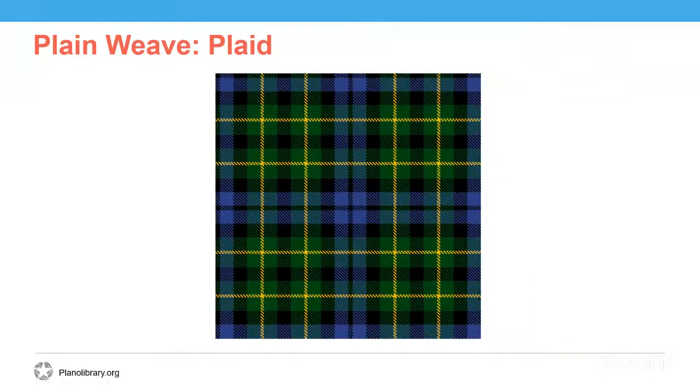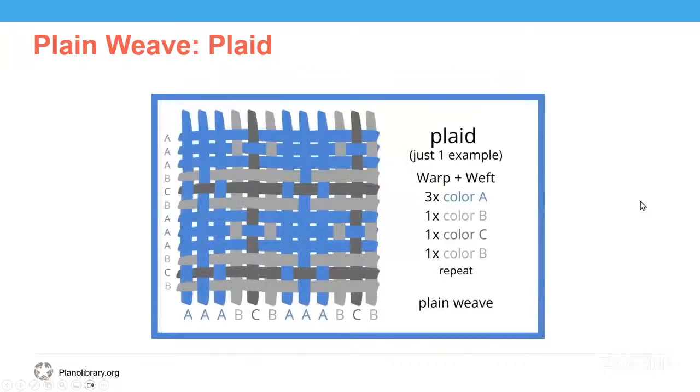It should be noted that plaids are also created using plain weave. Plaids are a little bit more complicated. This has so many strands in it. However, a very simple plaid would be something like three colors: three strands of one color, one strand of color B, one strand of color C, one strand of color B, and then you repeat.